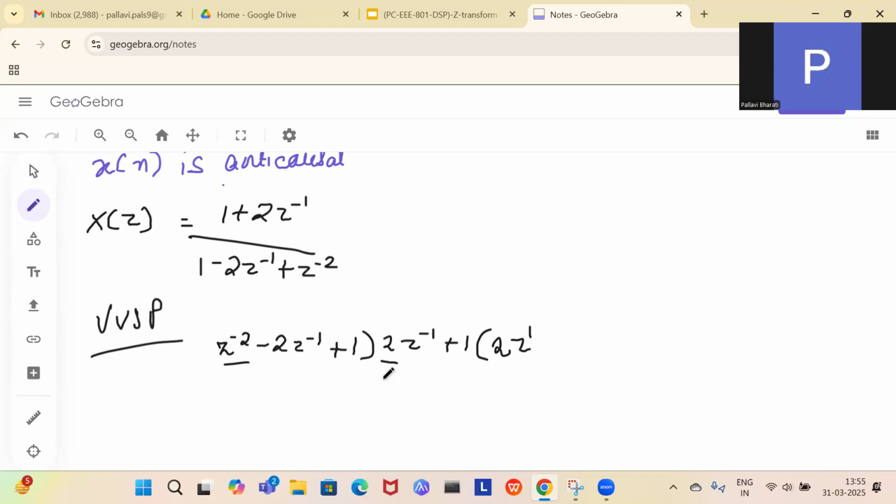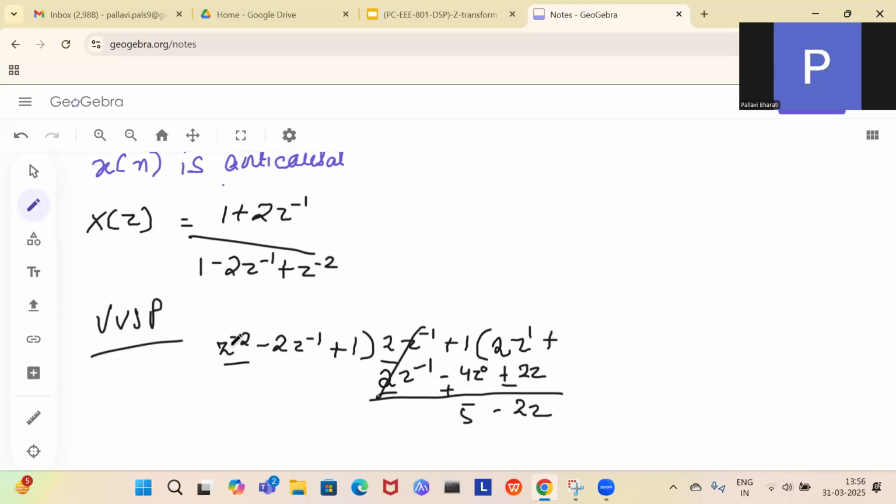Only then we will get 2 to the power 2 into z to the power minus 1. Minus 2 plus 1 will give you minus 1. Now this multiplied with this will give minus 4z to the power 0, minus 1 plus 1. And this one will be 2z. So if you subtract, this is going to cancel. This is plus 4 plus 1, 5 minus 2z.